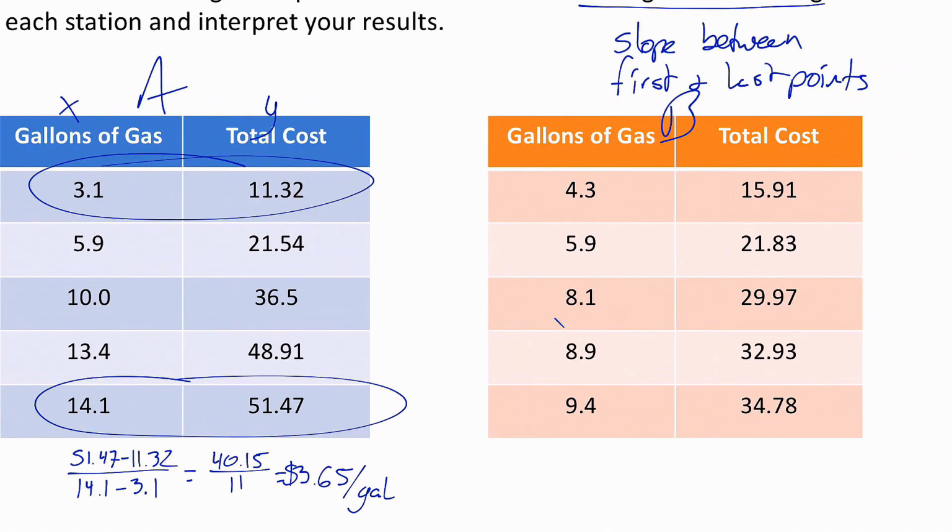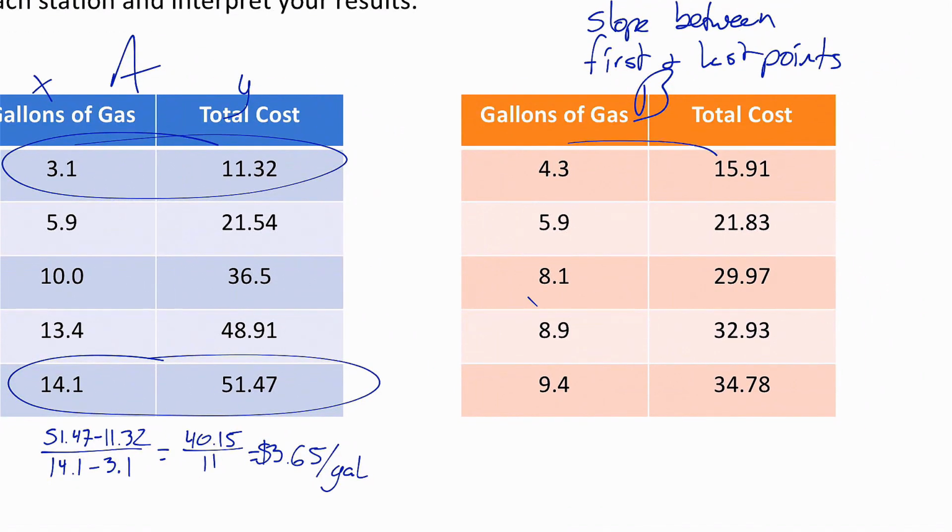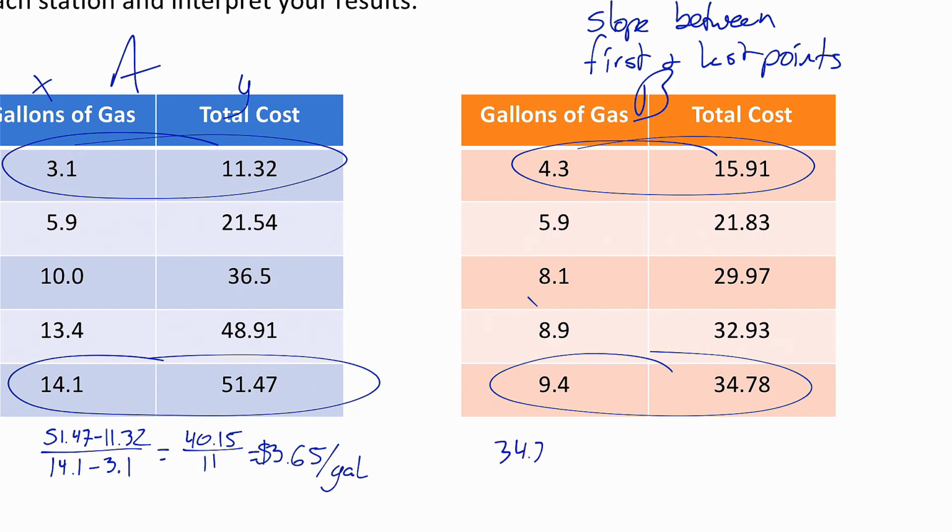We're going to use the same type of information for company B, looking at these two data points. So we're going to do 34.78 minus 15.91 over 9.4 minus 4.3.